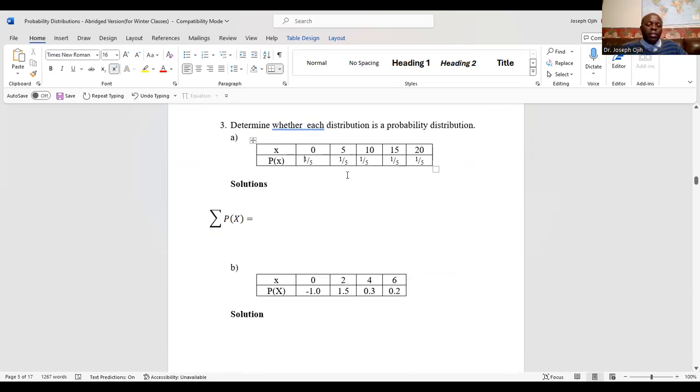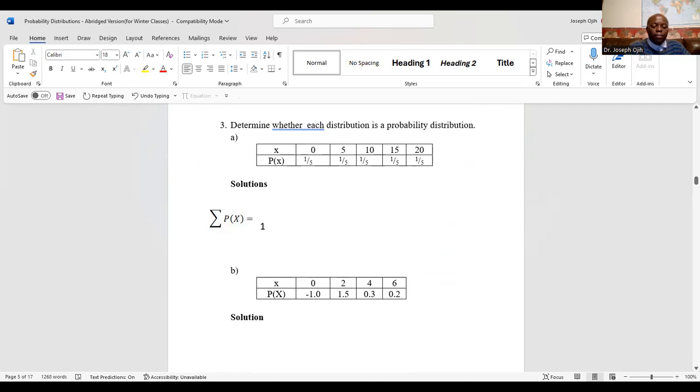First of all, we'll just try the sum. This is X, this is the P of X. So we add all the probabilities: 1/5 plus 1/5 plus 1/5 plus 1/5.